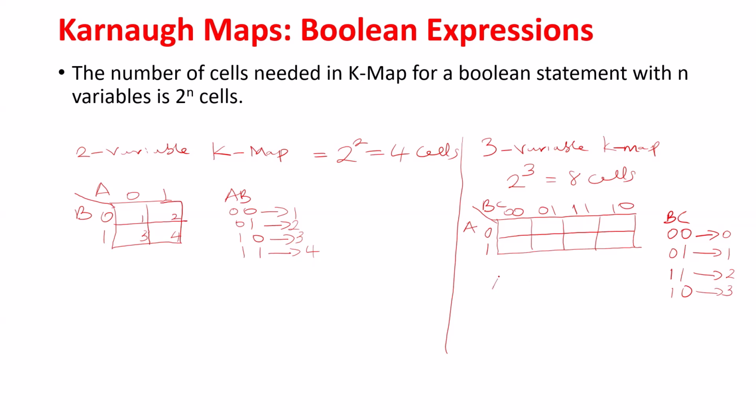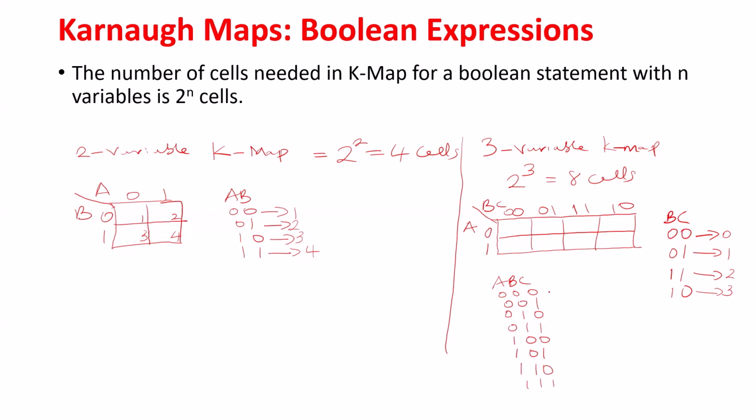So for A, B, C, we have 0 0 0, we have 0 0 1, 0 1 0, we have 0 1 1, we have 1 0 0, we also have 1 0 1, we have 1 1 0, then we have 1 1 1.